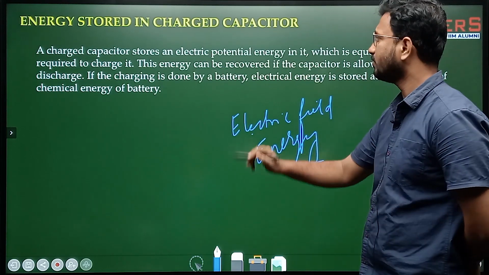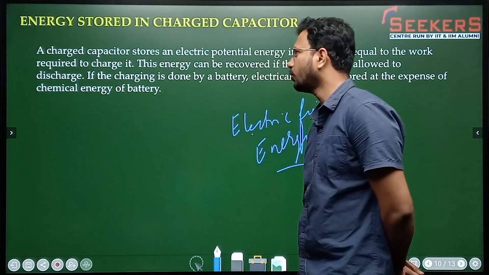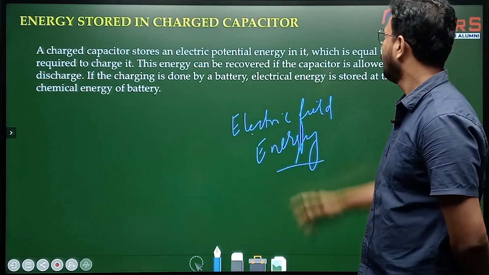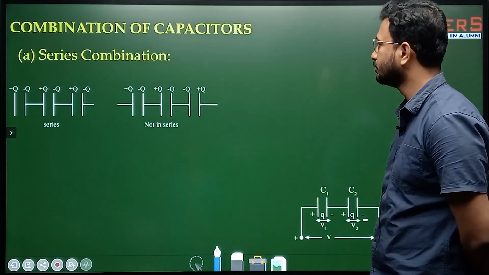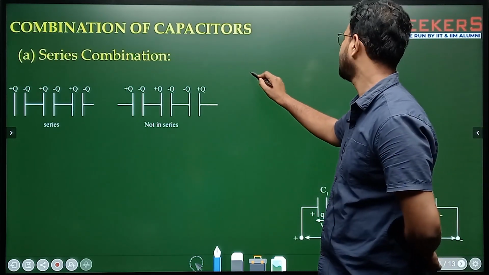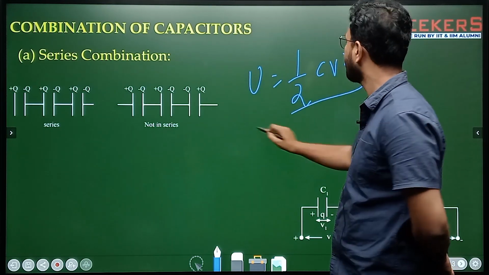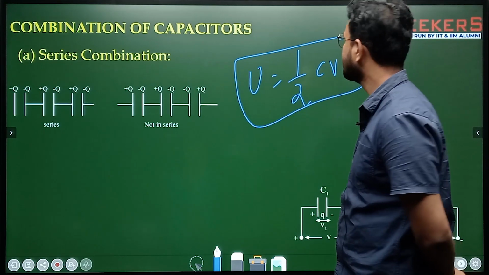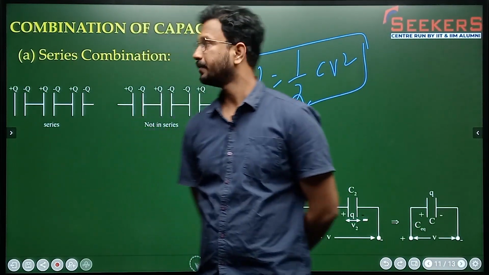Just like in an inductor, we have a magnetic field inside and we get magnetic field energy there. Energy associated with the electric field is called electric field energy. If you calculate it, it comes to half CV square. This is the energy stored between the plates of the capacitor.